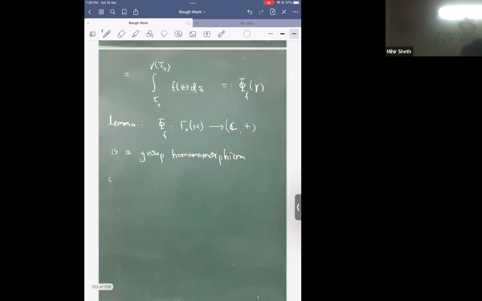So what is phi of f of gamma 1 gamma 2? It is the integration from tau 0 to gamma 1 gamma 2 tau 0 of xz dz.